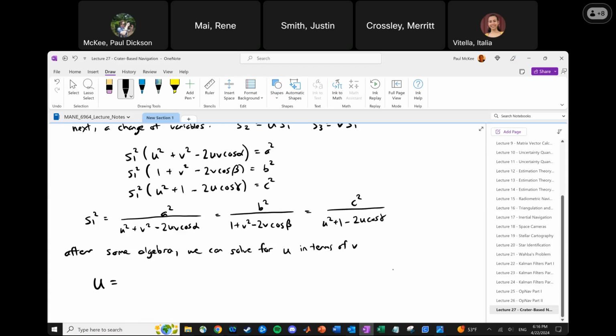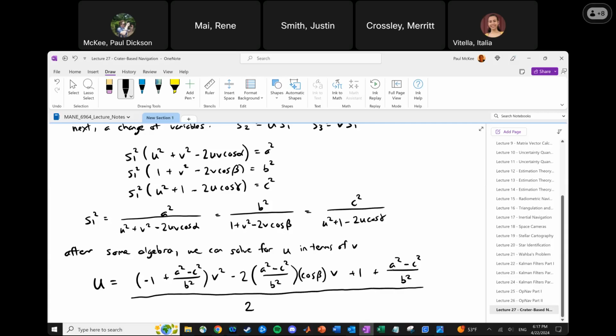U is equal to -1 plus (A squared minus C squared over B squared) V squared minus 2 (A squared minus C squared over B squared) cosine of beta V plus 1 plus A squared minus C squared over B squared. And then all of this is the numerator.